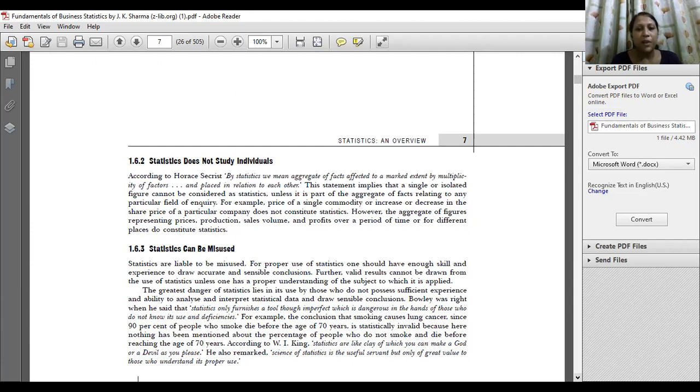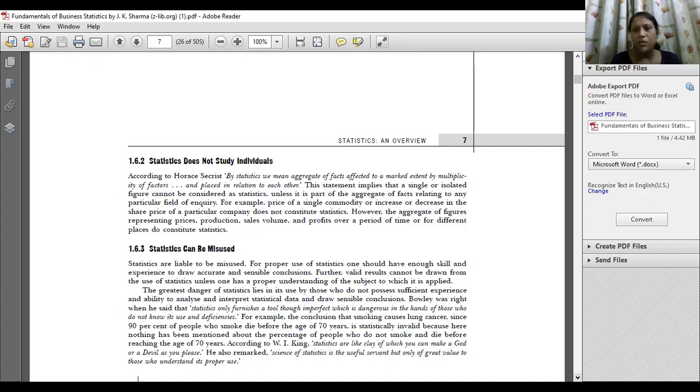This statement implies that a single or isolated figure cannot be considered as statistics unless it is part of the aggregate of facts relating to any particular field of inquiry. For example, the price of a single commodity or increase or decrease in the share price of a particular company does not constitute statistics.